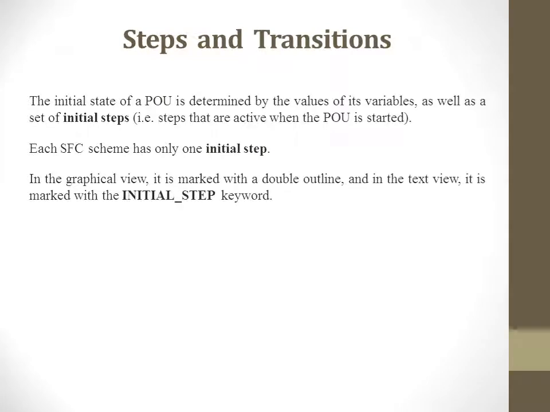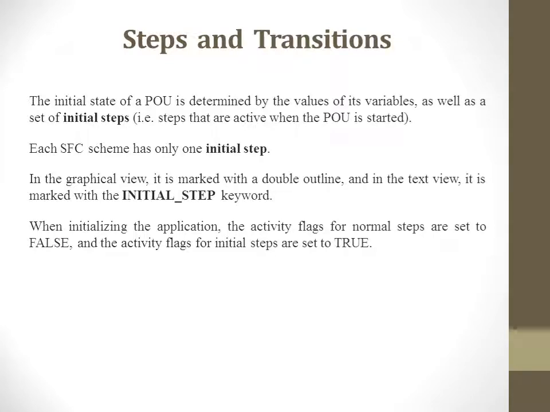In the graphical view, it's marked with a double outline, and in the text view, it's marked with the initial step keyword. When initializing the application, the activity flags for normal steps are set to false, and the activity flags for initial steps are set to true. In this picture, we can see the initial step designation in our program. As I said, this step is marked with a double outline.